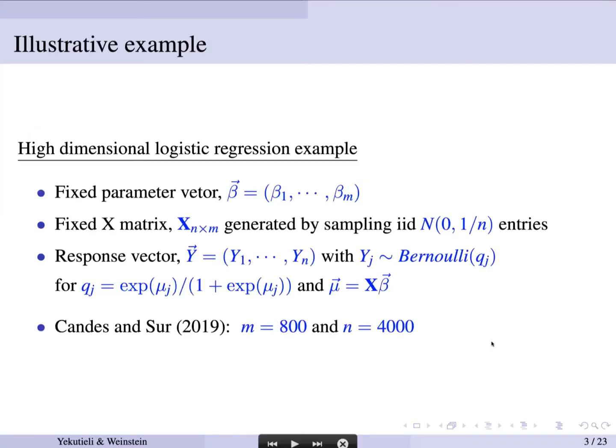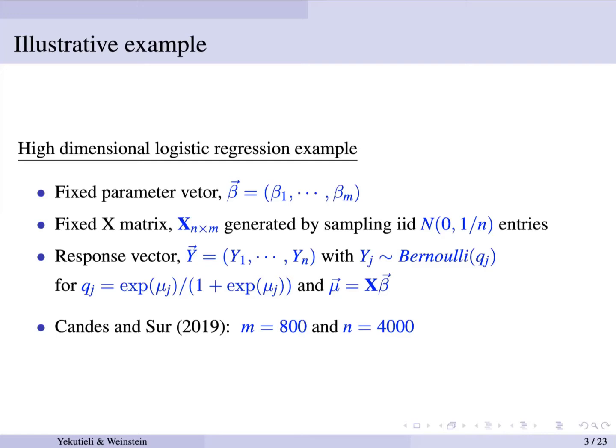Okay. So this is the example we will be thinking of in this talk. It's a high-dimensional logistic regression. We have a fixed parameter vector beta, which is fixed a priori. We know this fixed beta. We have a fixed X matrix, which we just generate; it's not something real. We generate it with IID entries of variance 1 over n.